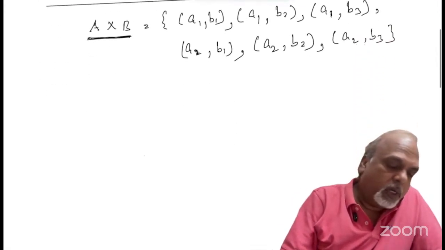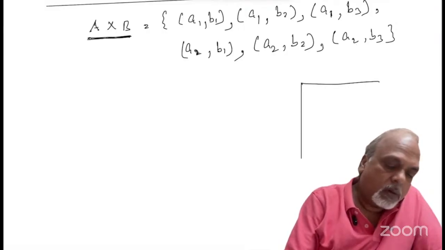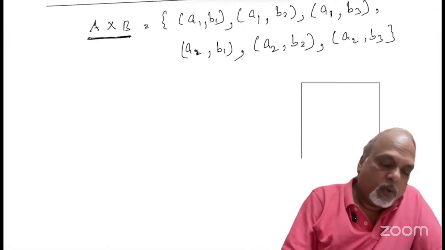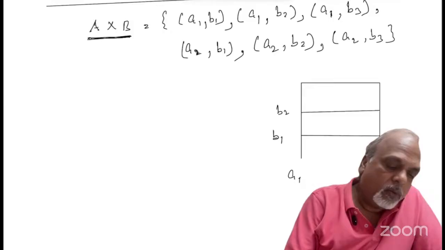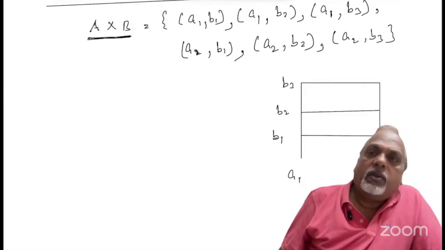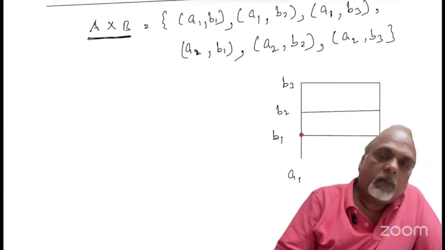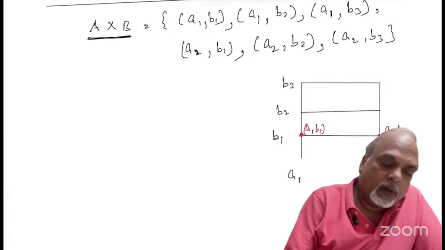Correct? If you see, suppose your columns are A1, A2 and rows are B1, B2, B3. Then what are these ordered pairs? Just see. This is A1, B1. This is A2, B1.